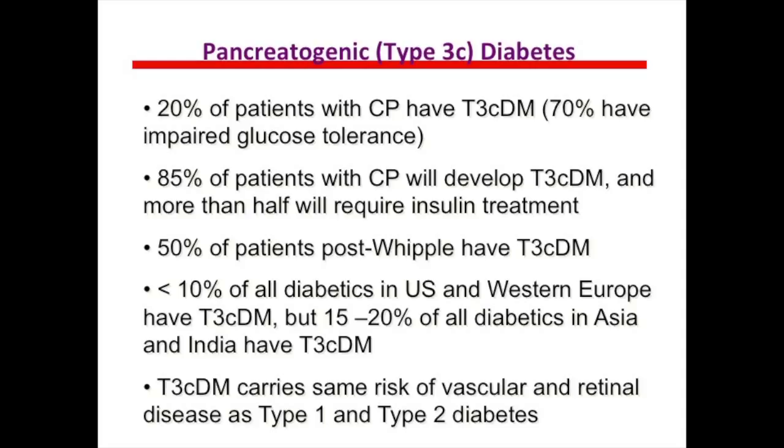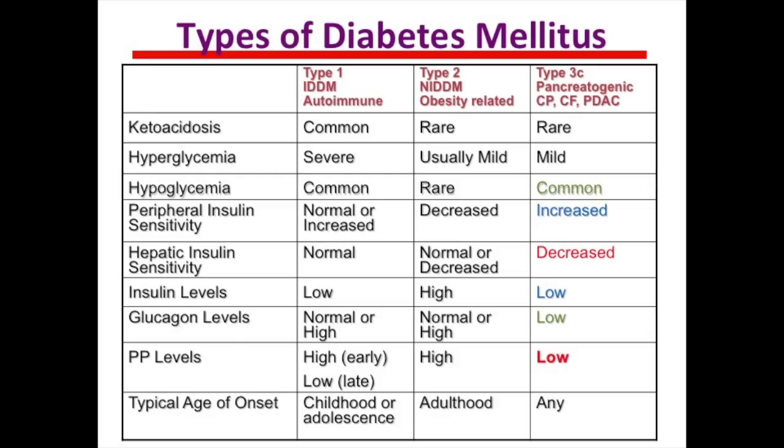The important thing is that type 3C diabetes carries the same risk of vascular and retinal disease as does type 1 and type 2 diabetes. So it is just as morbid as other forms of diabetes. In spite of that, many people don't appreciate or perceive of it as being a different type of diabetes.